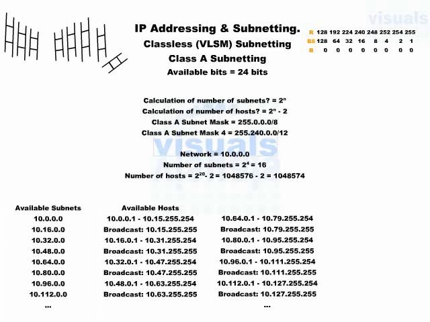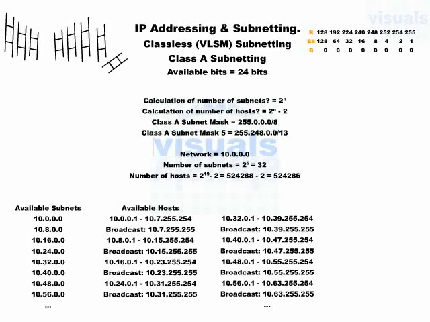Let's move to another example. Here it is. In this example, I'm going to apply 5 bits for subnets, and it gives me the 255.248.0.0 subnet mask. By using 5 bits for subnets, I'm getting 32 subnetworks. The remaining 19 bits give 524,286 hosts for each of these 32 subnets.